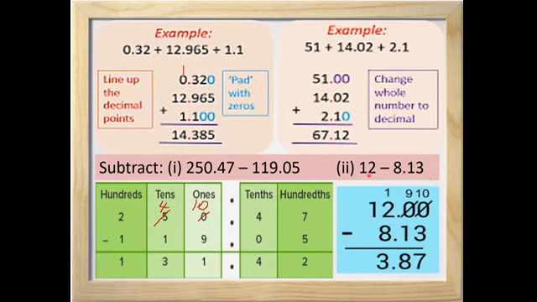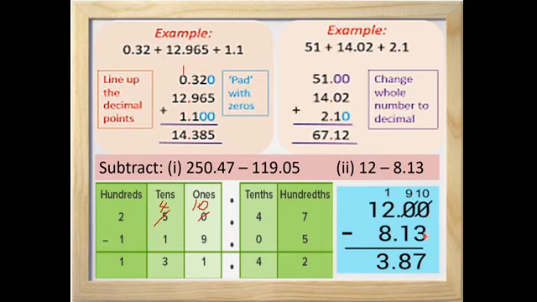So we have to convert this 12 into a decimal number having two decimal places. For that, we simply put a decimal point after 2 and add two zeros. So it becomes 12.00. Understood, children? So now write this 8.13 just below it in their places. And now we'll start subtracting.